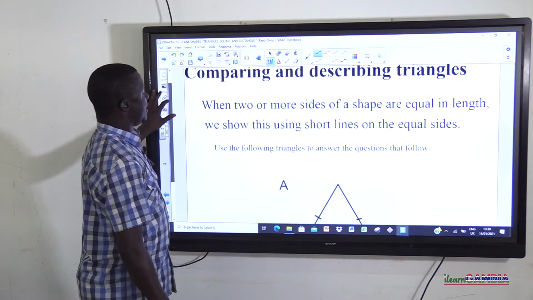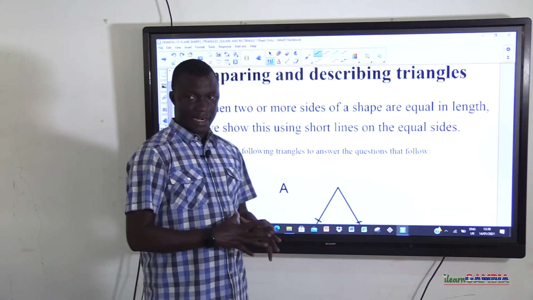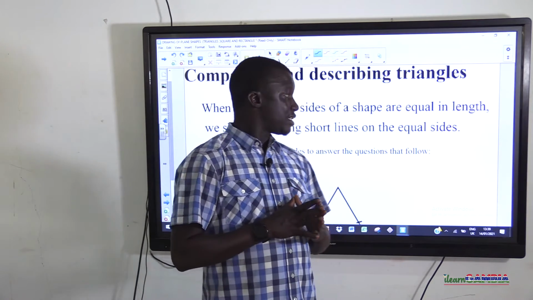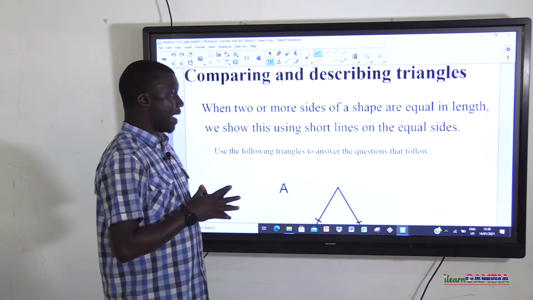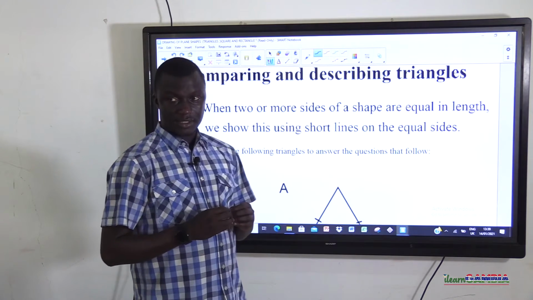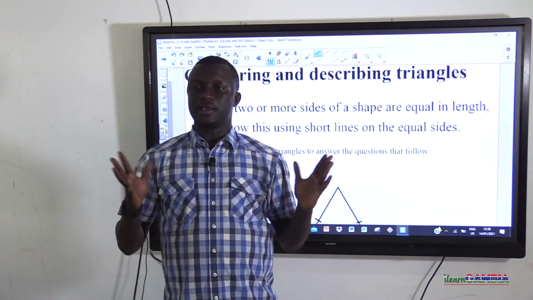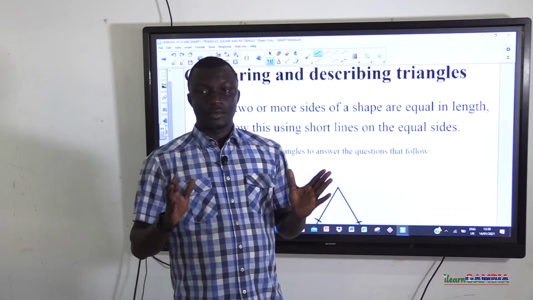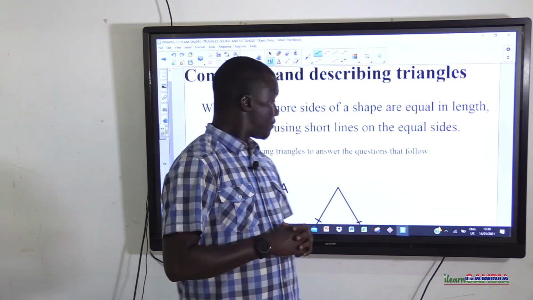An isosceles triangle is when two or more sides of a shape are equal in length. We saw this using short lines on the equal sides. When the sides are equal, make sure the sides are identically marked. When they are different, let them be differently marked as in scalene triangles.